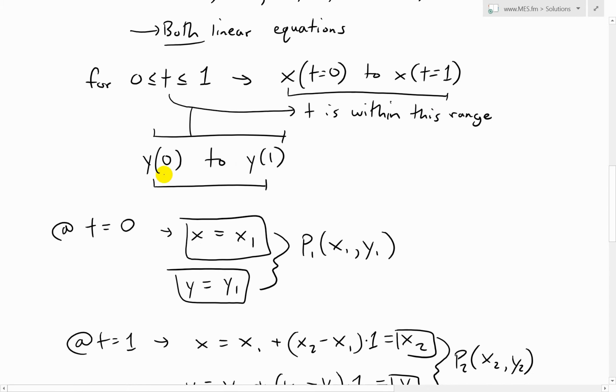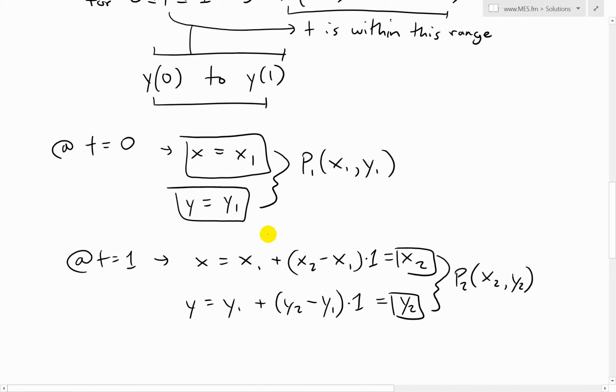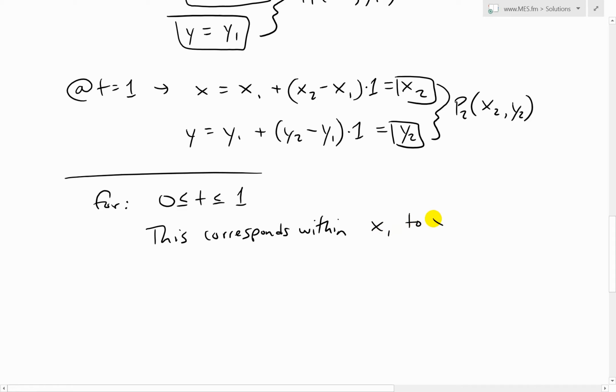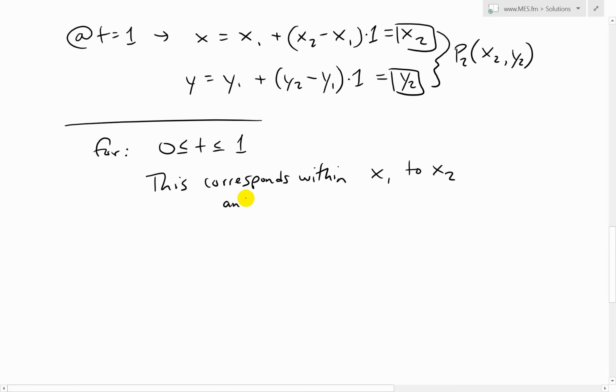And now that we've gotten both of these values, y0, y1, as well as x0, x1, which are these right here, x1, y1, and then x2, y2, that means that for t less than 1 and greater than 0, this corresponds within x1 to x2, and also within y1 to y2, exactly like that.